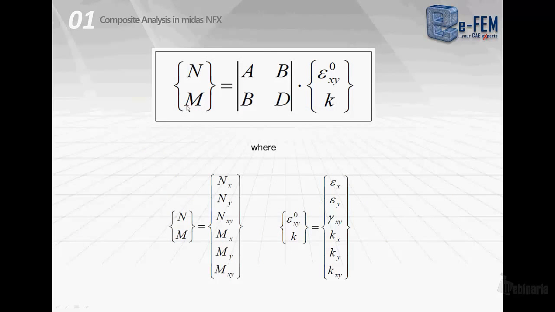We can then describe the previous formula in this matricial way, in which we have the load and the displacement and the deformation of the laminate, and we have this matrix that is called the ABD matrix, that is at the basis of the classical lamination theory.